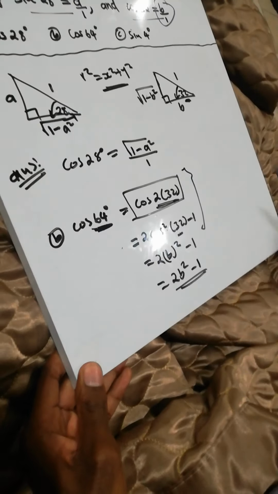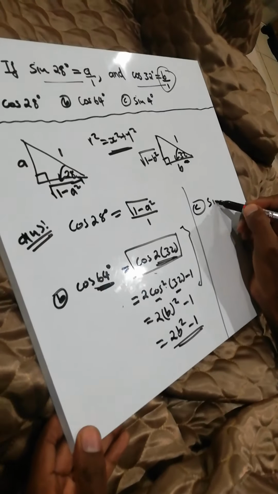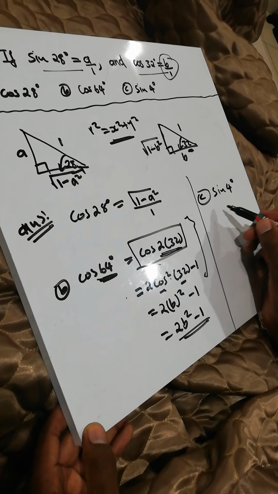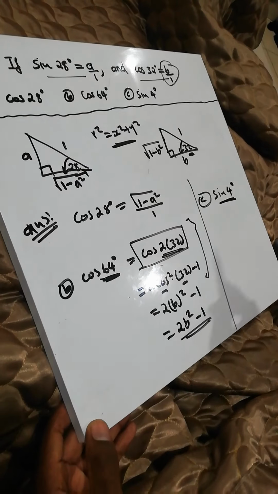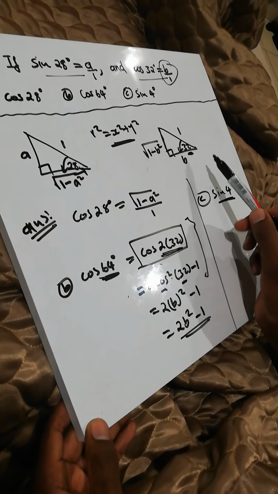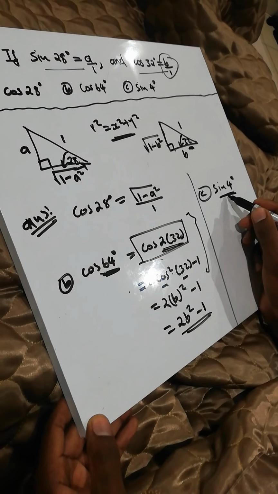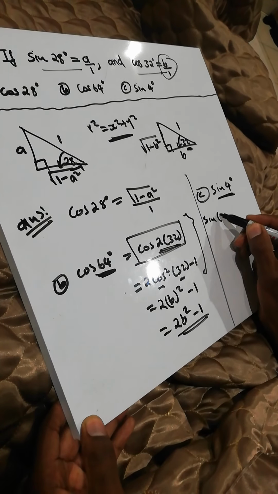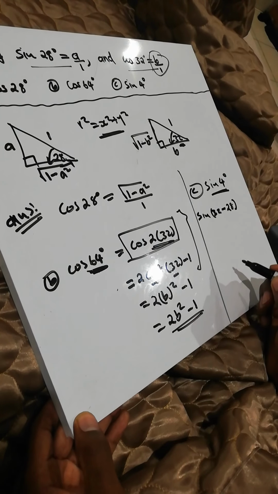Now the last one, which is C, we have sine of 4 degrees. We can see that this one also does not relate with much that is given in the information, but we can work it out: 32 minus 28 gives us 4. So let's simplify this one using compound angles. Then we're going to have sine of 32 degrees minus 28 degrees.